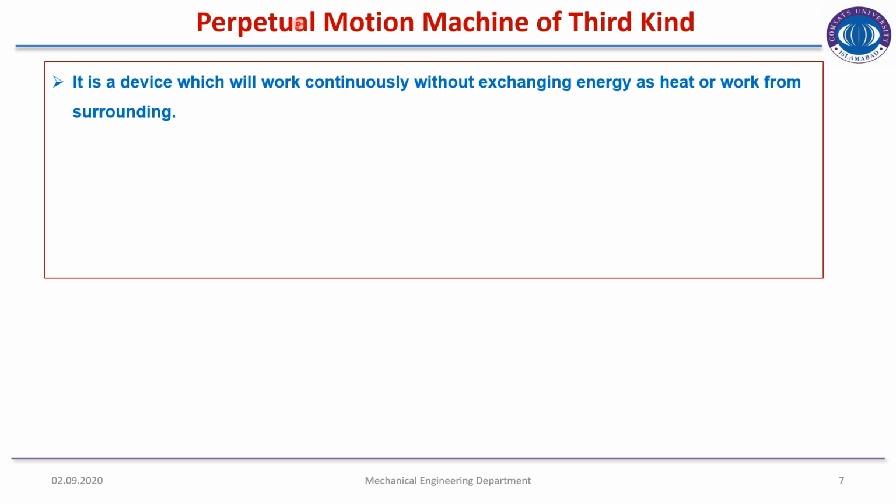So, the devices which were obtained on the previous slide, when we were talking about the equivalence of Kelvin Planck statement and Clausius statement, were in the form of perpetual motion machine of third kind, because they were continuously exchanging energy as heat or work from surrounding.